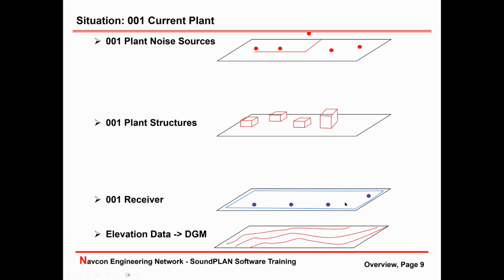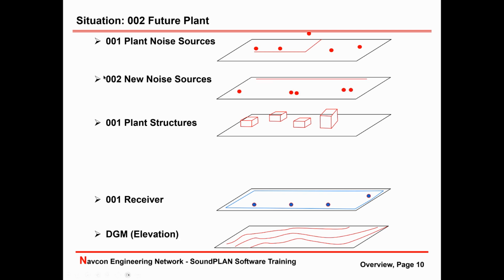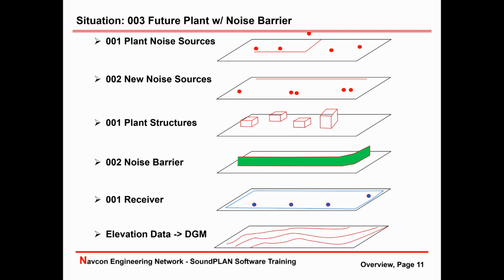And then we can create another situation by just adding an additional layer to the situation. For example, a layer with additional sources. So that could be a future scenario with additional sources. And then we can add another layer into that, and that could be a noise barrier. So with that, we have 3 different situations: the baseline, future with additional sources, and future plant with noise barrier.